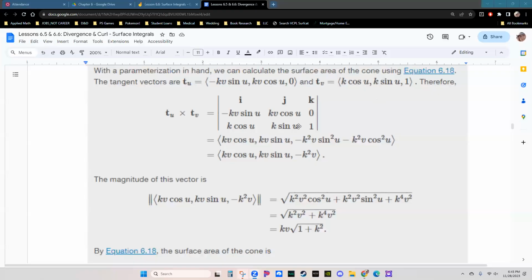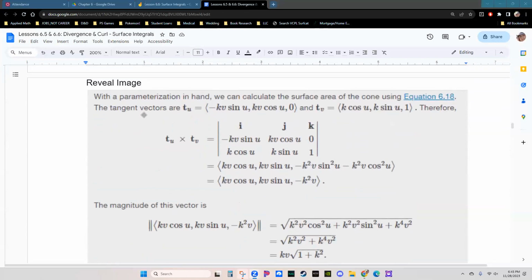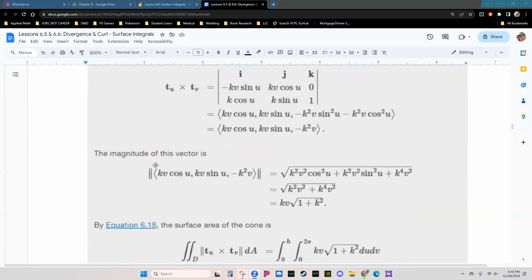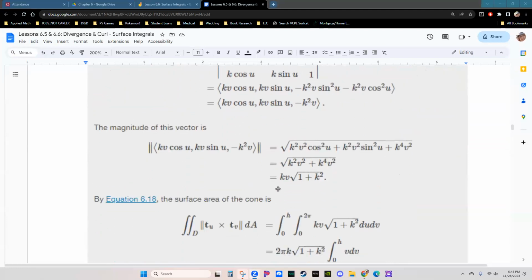Okay. So, you can see that we have TU and the parameterization of it and what TV is. So then we do TU cross TV. We do the cross. We find the magnitude.